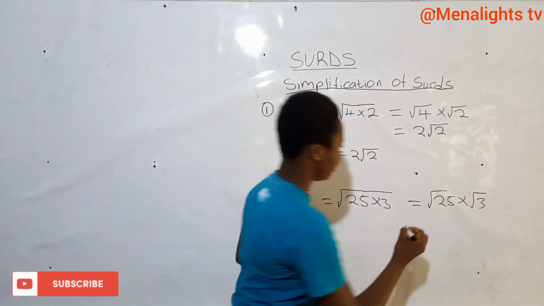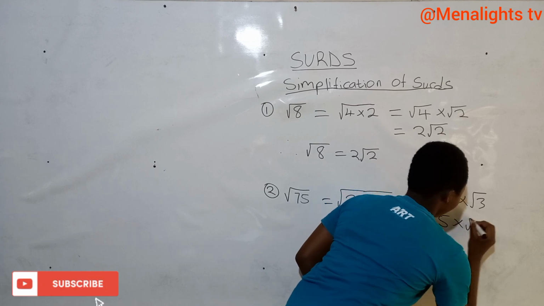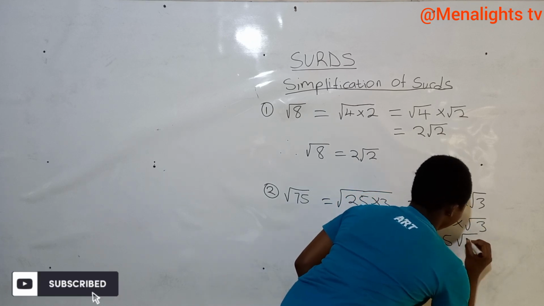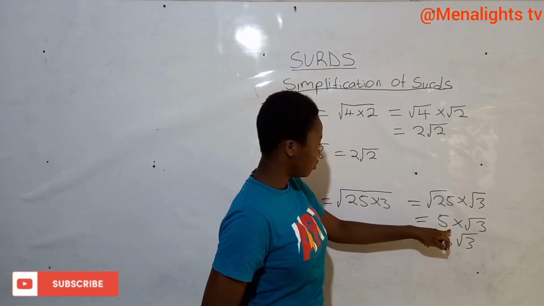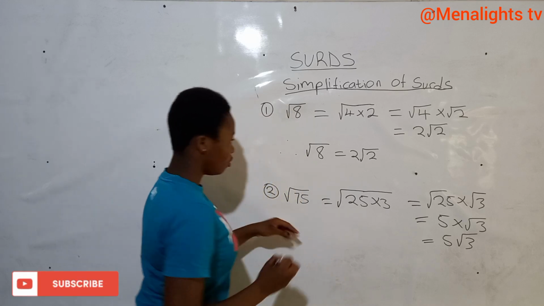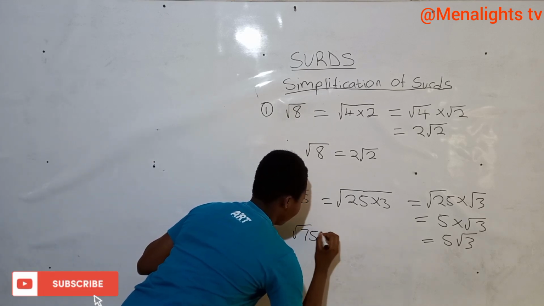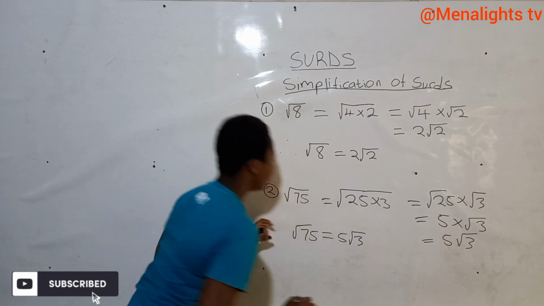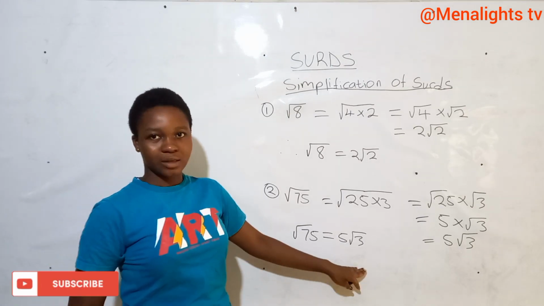So we get 5 times the root of 3, which is equal to 5 root 3. So root of 75 is now equal to 5 root 3.